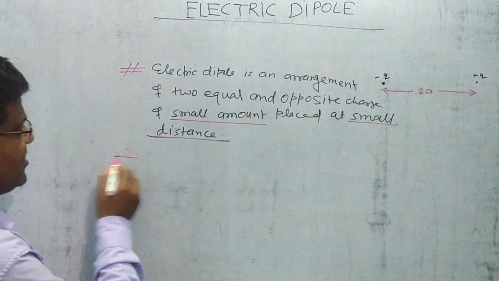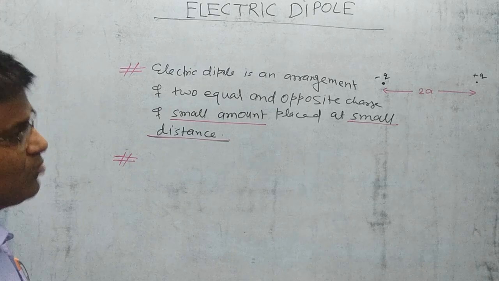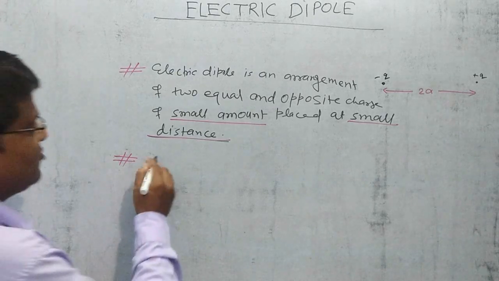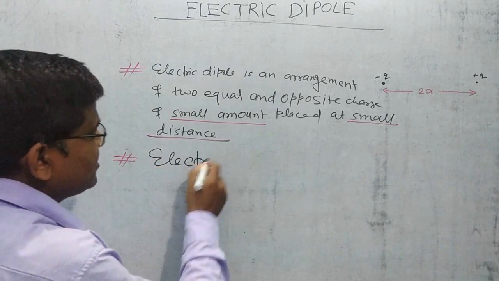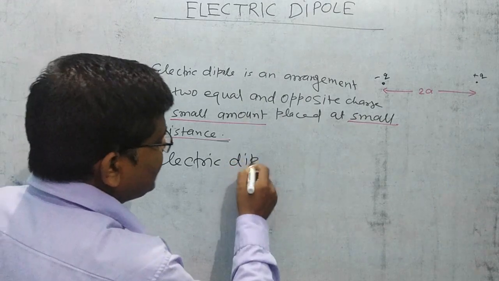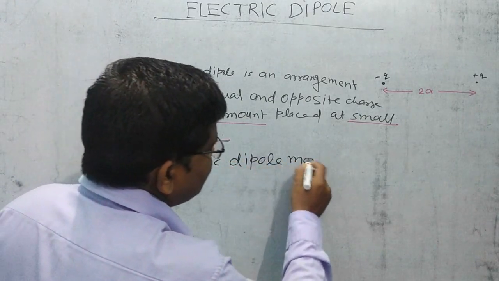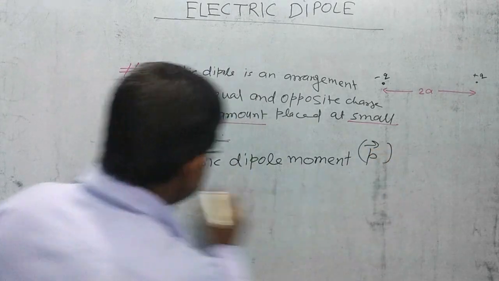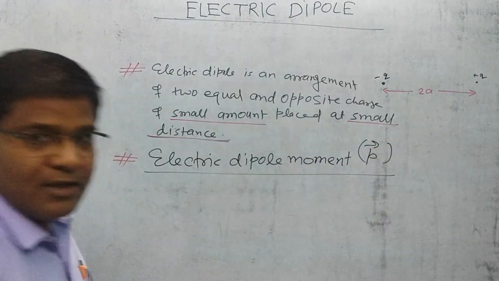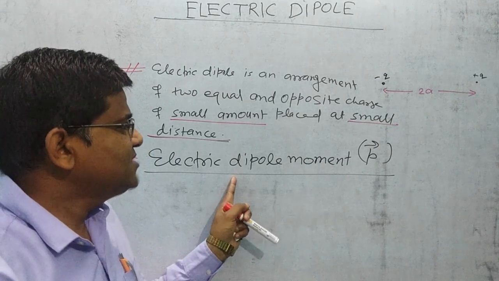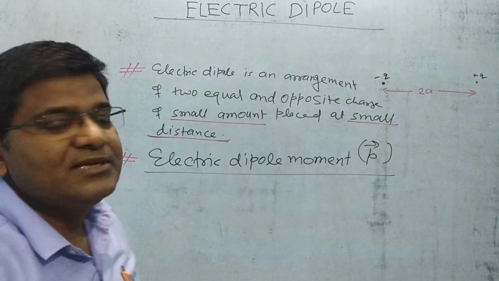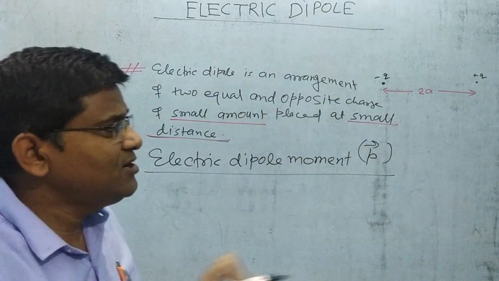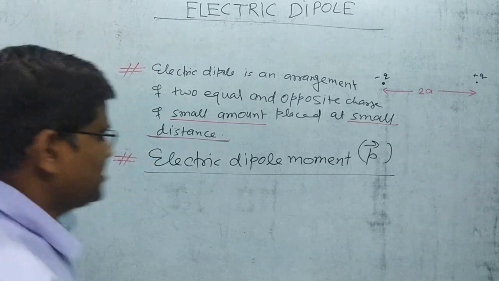And the second thing is the electric dipole moment. This is P. It is a physical quantity, whereas electric dipole is an arrangement of two equal and opposite charges.